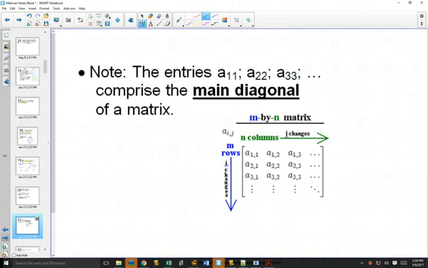Whatever's the first number, that's the row position. And whatever's the second number, that's the column position. So this one right here, A32: can you see that that's in the third row and in the second column? That's what the numbers beside it are representing. So if this is matrix A, then we would label all the things little a and then row and then column.